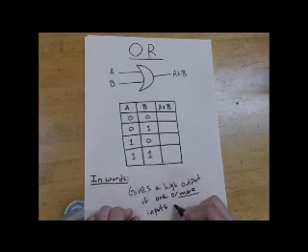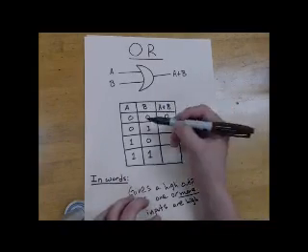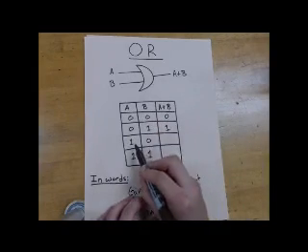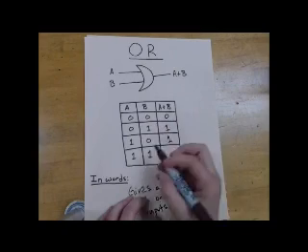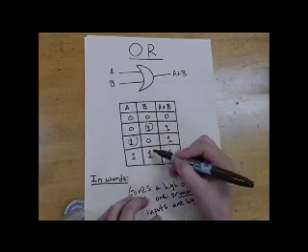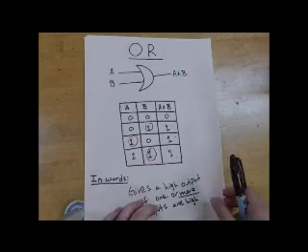So it sort of sniffs out high inputs. So for example, 0 and 0 result in a low output. 0 and 1, there is a high input there, so it would return a high output. 1 and 0 gives a high output. 1 and 1 also, because in all 3 of these cases, there is at least one high input, so the output is also going to be high. So that's an OR gate.